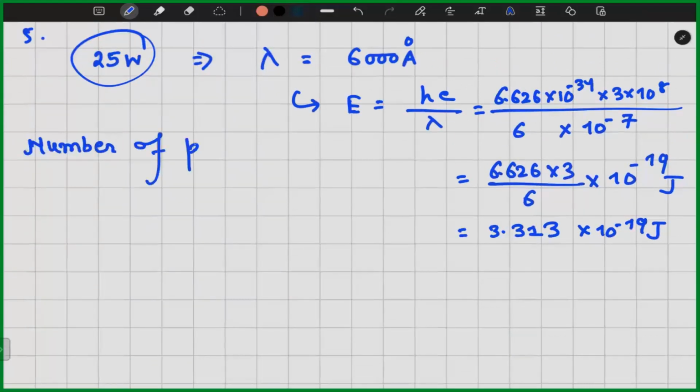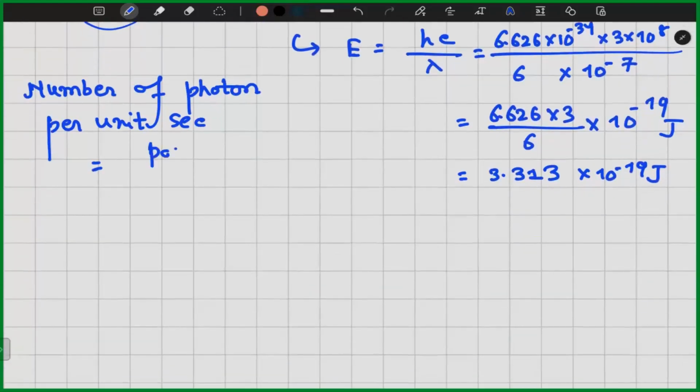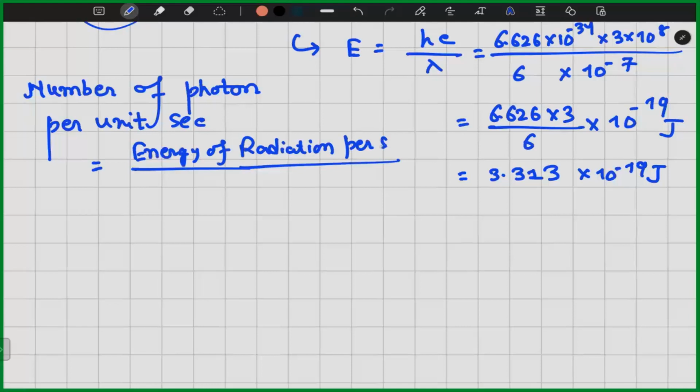So now the number of photons per unit second they have asked. So it will be the energy of radiation per second, because they have asked per second, all divided by the energy of each photon.